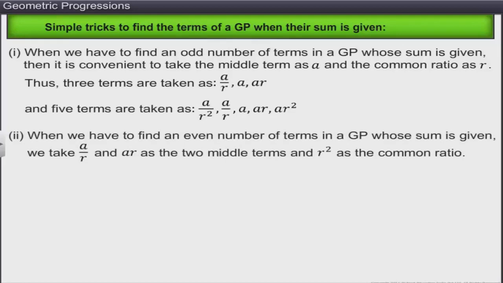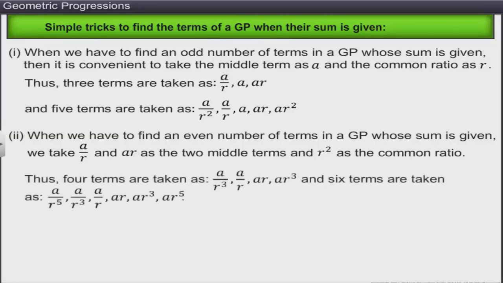Thus, 4 terms are taken as a upon r cube, a upon r, a into r, and a into r cube, while 6 terms are taken as a upon r raised to the power of 5, a upon r cube, a upon r, a into r, a into r cube, and a into r raised to the power of 5.